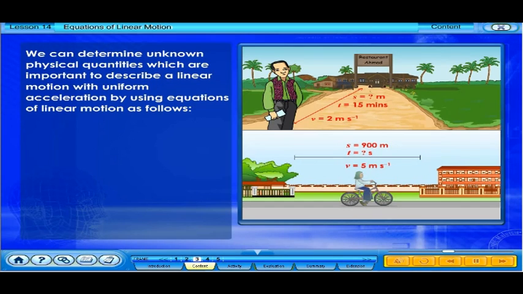We can also determine unknown physical quantities which are important to describe a linear motion with uniform acceleration by using equations of linear motion as follows. v equals u plus at. s equals ut plus half at squared. v squared equals u squared plus 2as. Click on each equation to know how it is being derived.